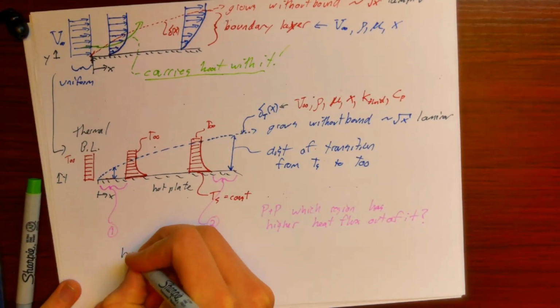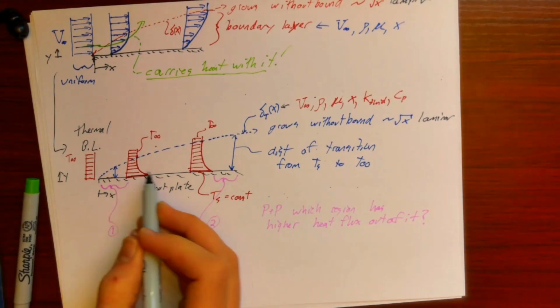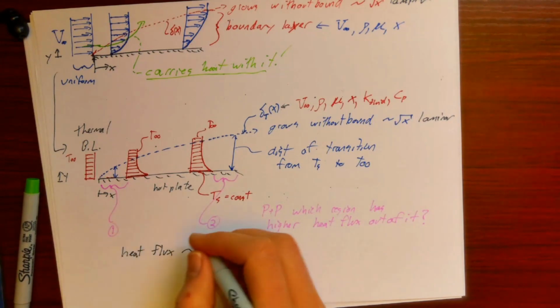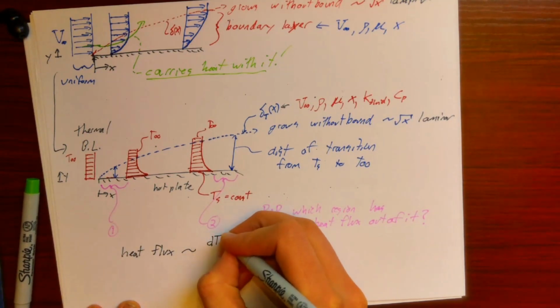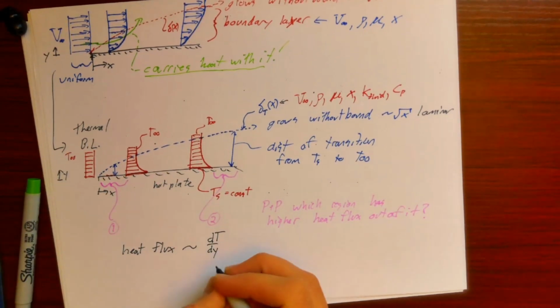So heat flux, we might like to think of this as proportional mostly to dT/dy in this case, since temperature is varying with y.